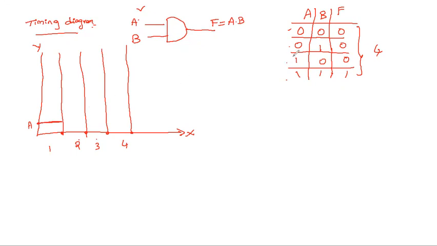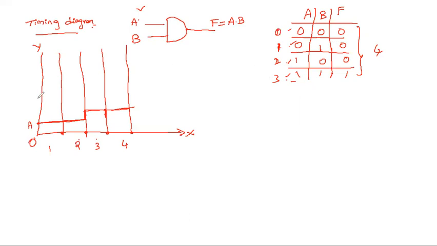In the next slot, A value is also 0. For the third slot, A value is 1, and in the fourth slot also 1. Right? I am taking 4 slots.